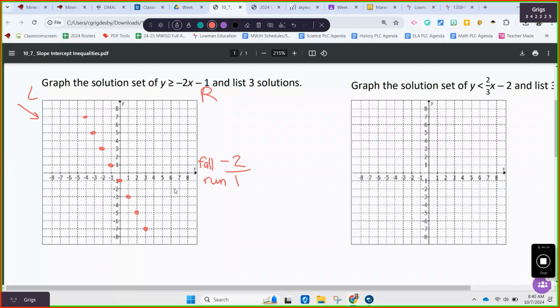Alright, if it is greater than or equal to, which direction am I shading? Above. So your work for me is going to be writing above. If it's greater than or equal to, is it going to have a dotted boundary line or a solid? Solid. That's what we're going to write also. So with my line, I can go ahead and fill in a solid line.